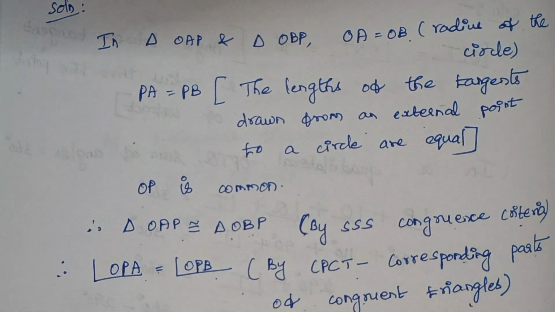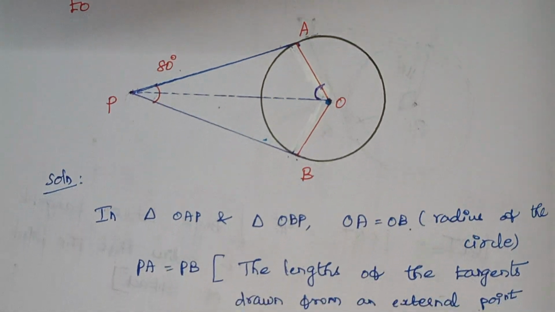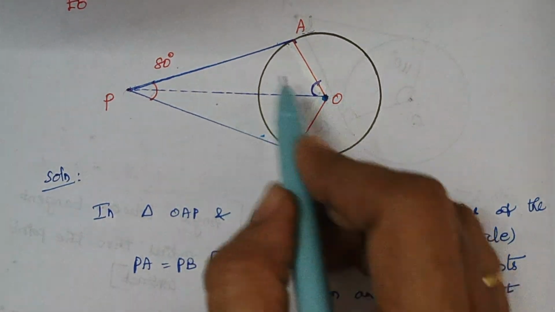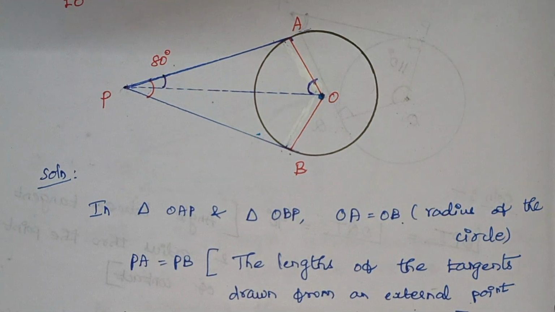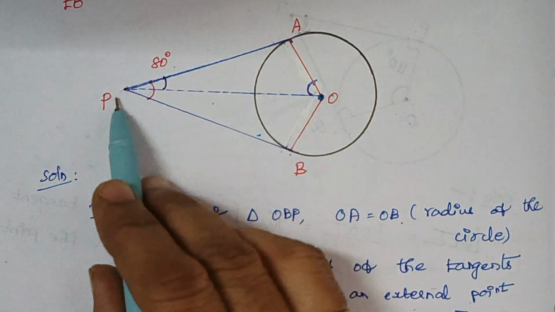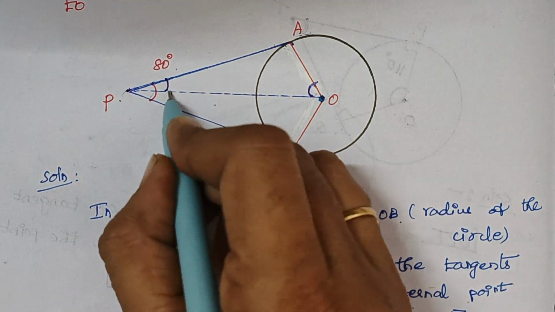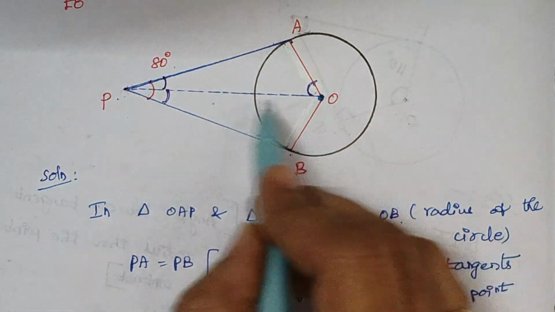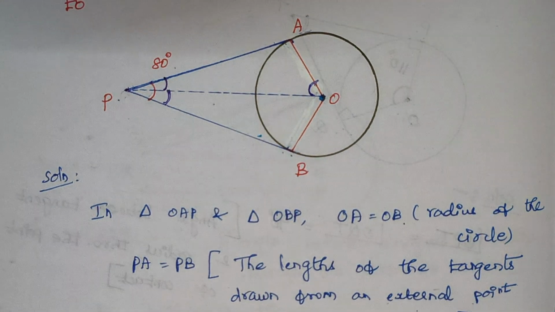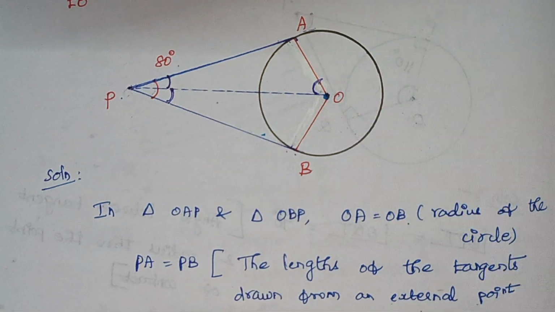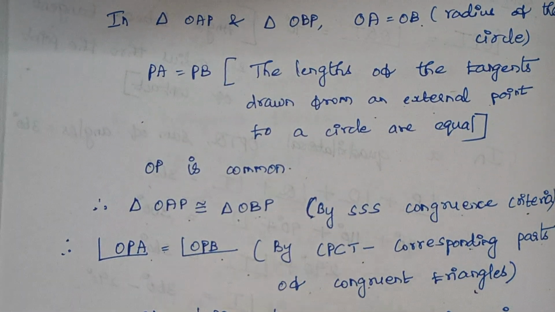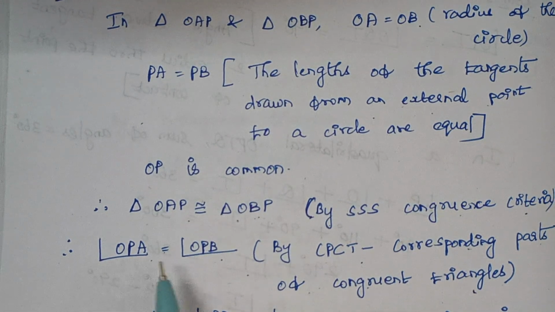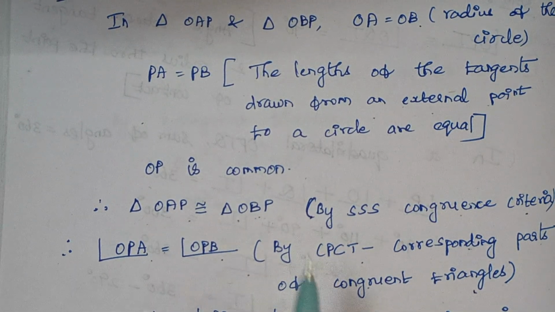Again we will look back. Angle OPA, that is this angle, is equal to angle OPB. Since these two triangles are congruent, by using the CPCT criteria, we can tell that this angle is equal to this angle.